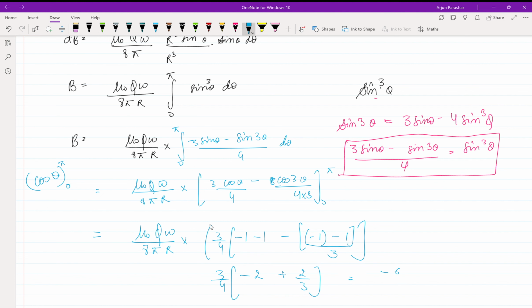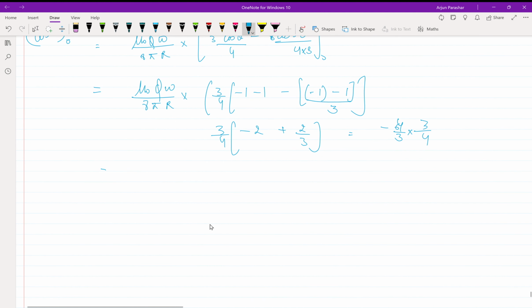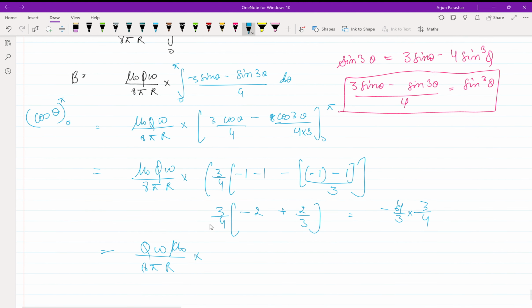So it becomes minus 4 by 3 into 3 by 4. So it becomes q omega mu naught by 8 pi r into 1. I guess I have left some 3 over here. Let me check.